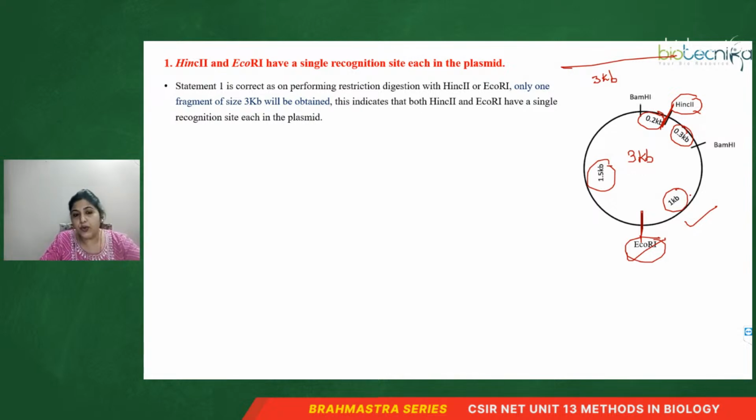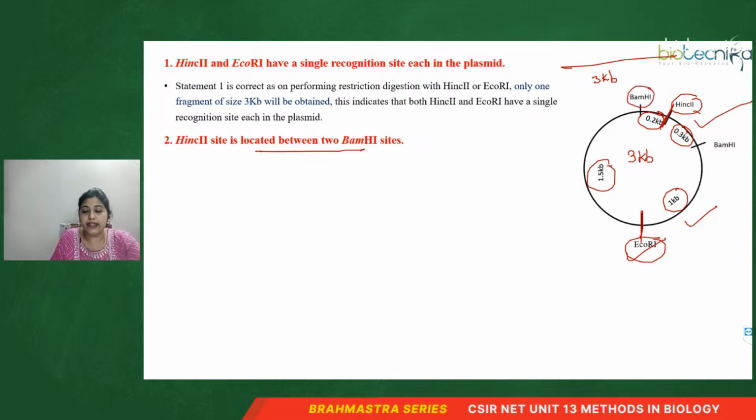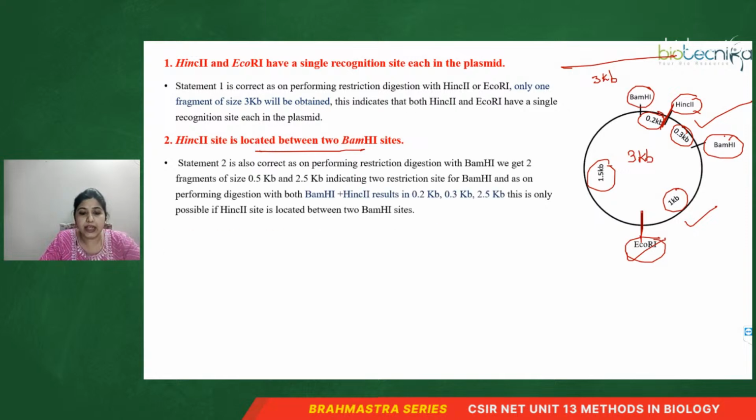So yes, HincII and EcoRI have a single recognition site, because individually, on performing digestion with simply HincII and EcoRI, we are getting only one fragment. The number of fragments generated in a circular plasmid is equal to the number of restriction sites present. Then, the HincII site is located between two BamHI sites. This is absolutely correct. You can see that between two BamHI sites we have the HincII site. So statement 2 is also correct.